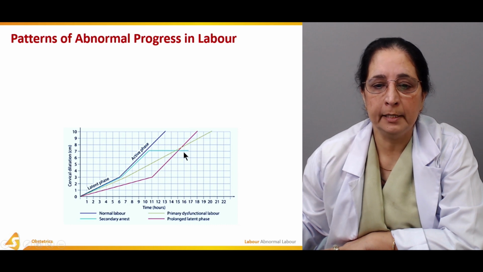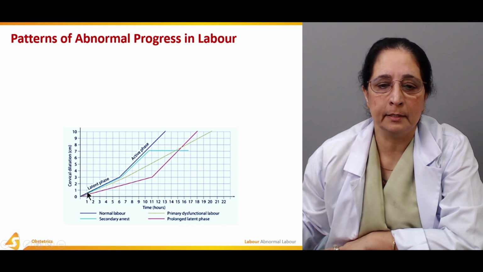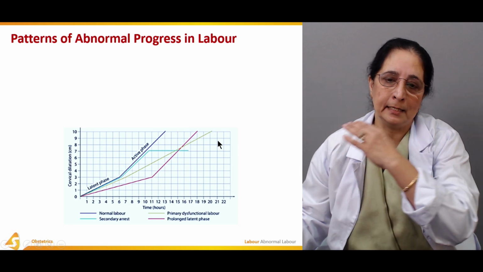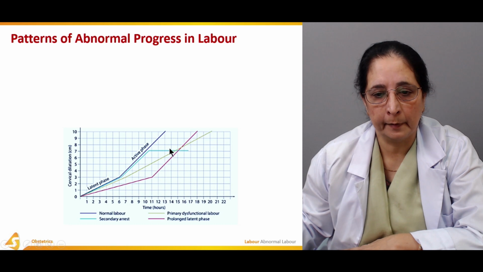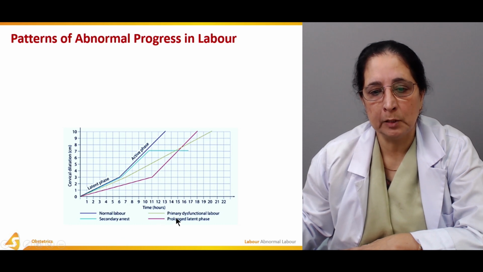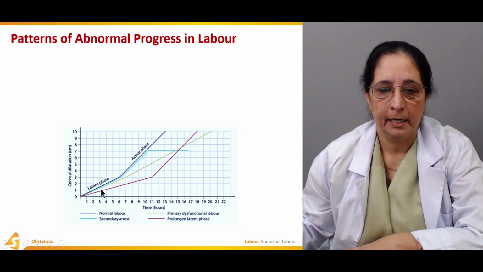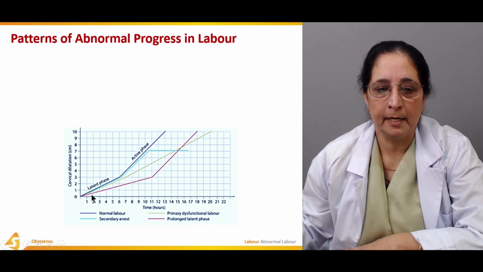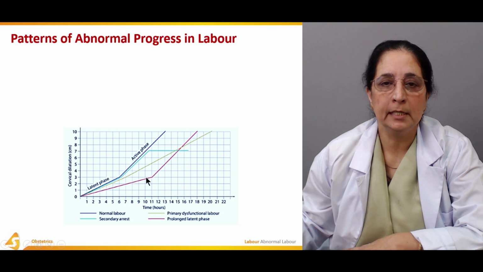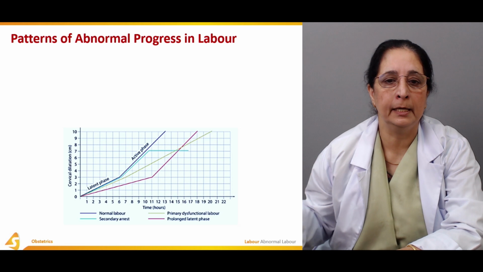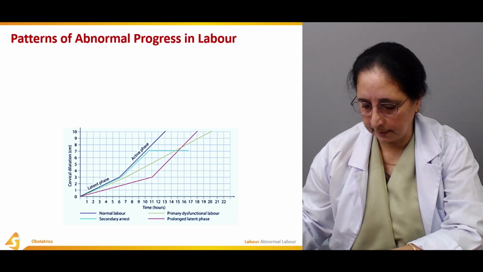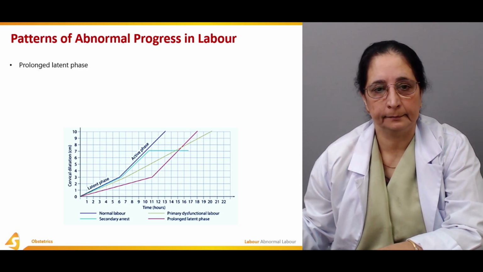In primary dysfunctional labor, there is no latent and active phase, it's one straight line. So it's dysfunctional labor. And then the red is prolonged latent phase. The latent phase is prolonged in this case. So these are three very good examples of the abnormal patterns of progress of labor.